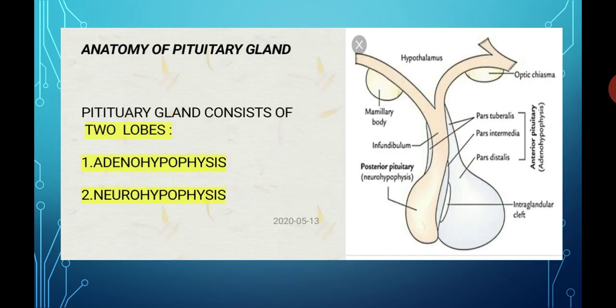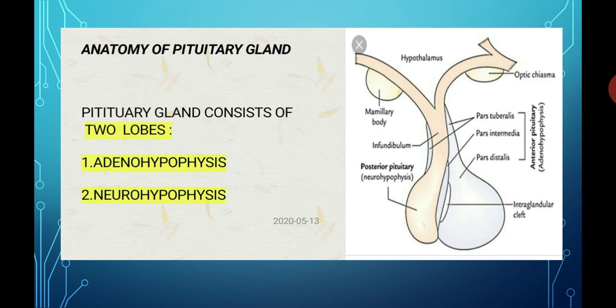Let's start with the anatomy of a pituitary gland. Pituitary gland consists of two lobes. One is an anterior lobe, another is a posterior lobe. The anterior lobe is called the adenohypophysis, and the posterior lobe is known as the neurohypophysis.